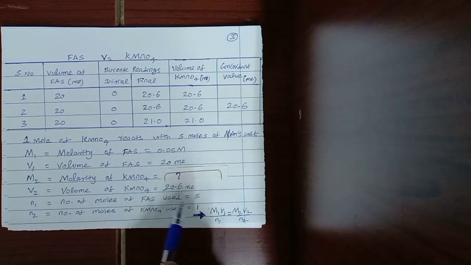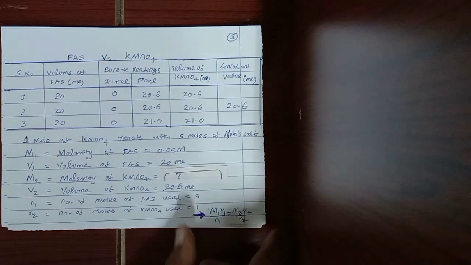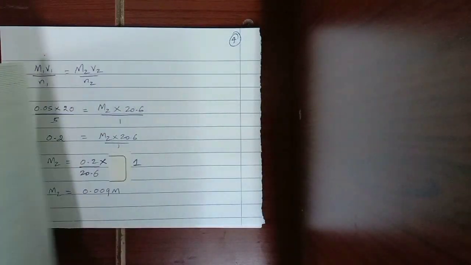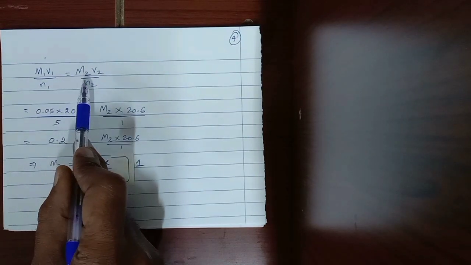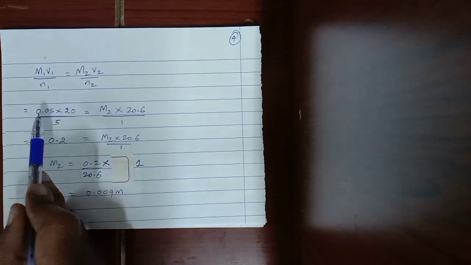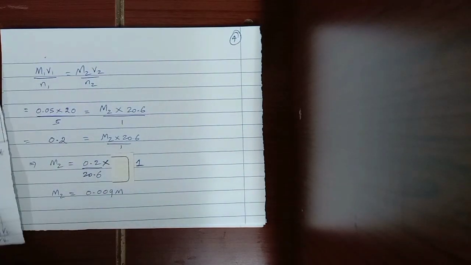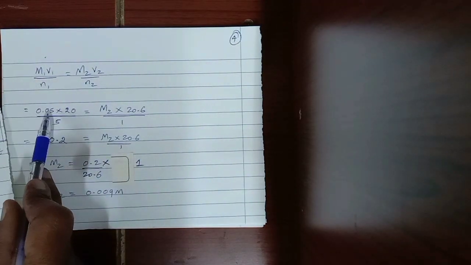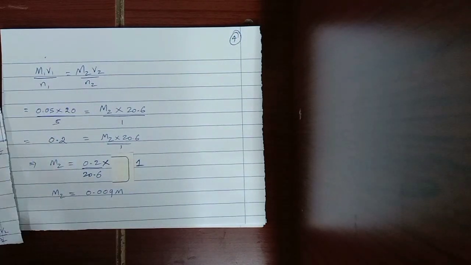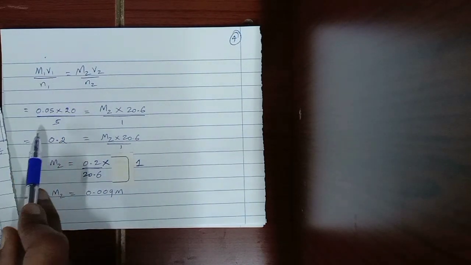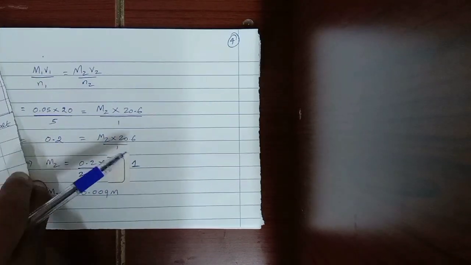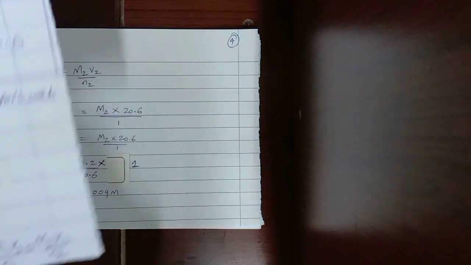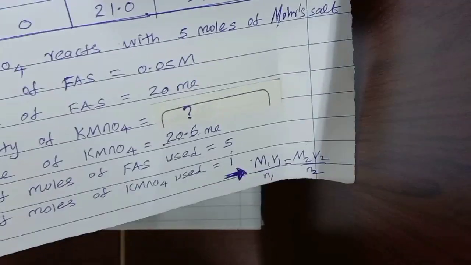Now we are going to substitute everything in this formula: M1 V1 divided by N1 is equal to M2 V2 divided by N2. M1 is here, you can see it and substitute the values. M1 0.05, V1 20, then N1 is mentioned here. N1 will be 5.